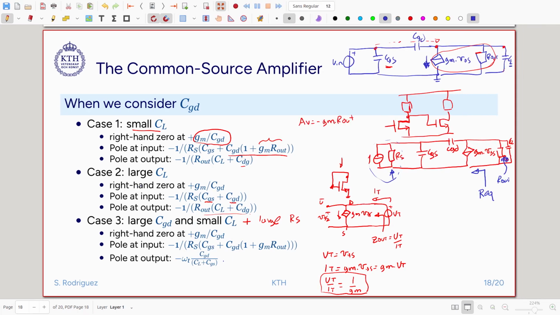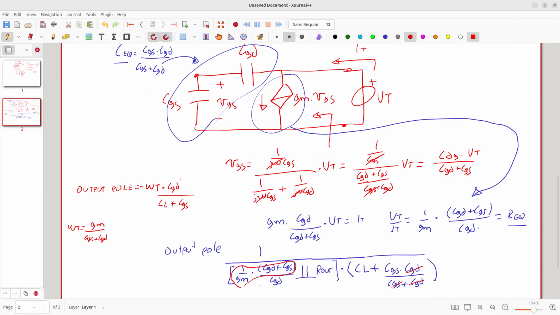Now, what has happened here? The input pole has a Miller effect. The output pole has moved to a higher frequency because, as I mentioned before, this is much smaller than this. That means a small resistance.